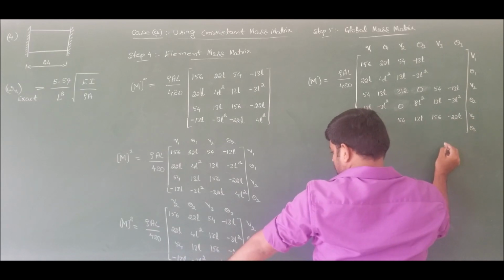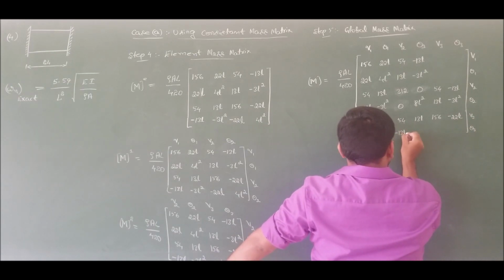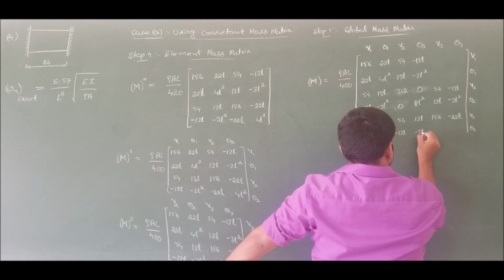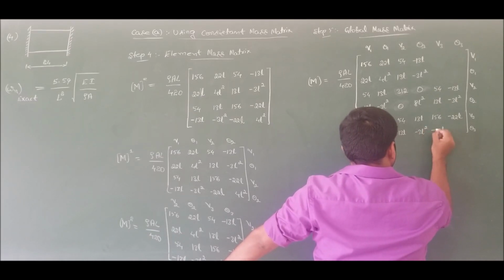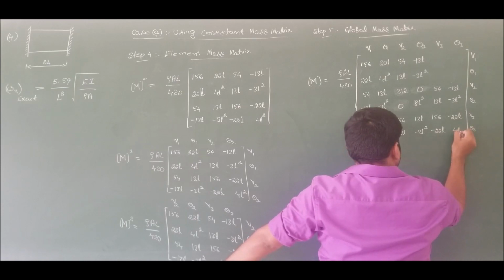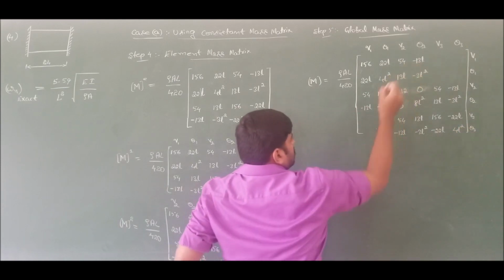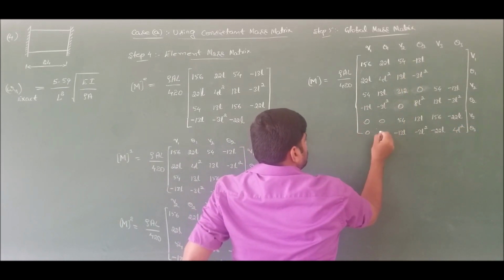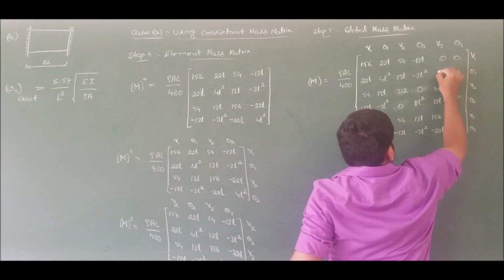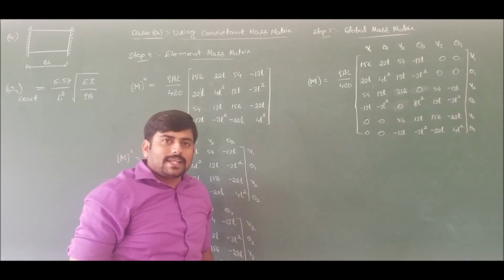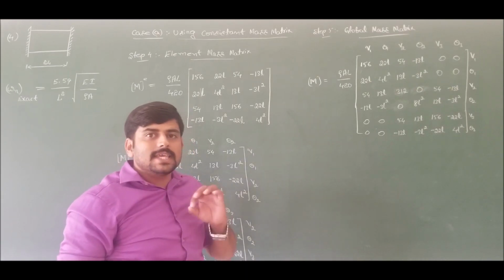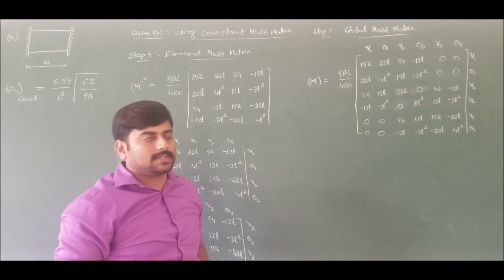And the last row is minus 13L, minus 3L square, minus 22L and 4L square. Fill the unfilled positions with zeros. This completes the global mass matrix for the given problem for case A using the consistent mass matrix.